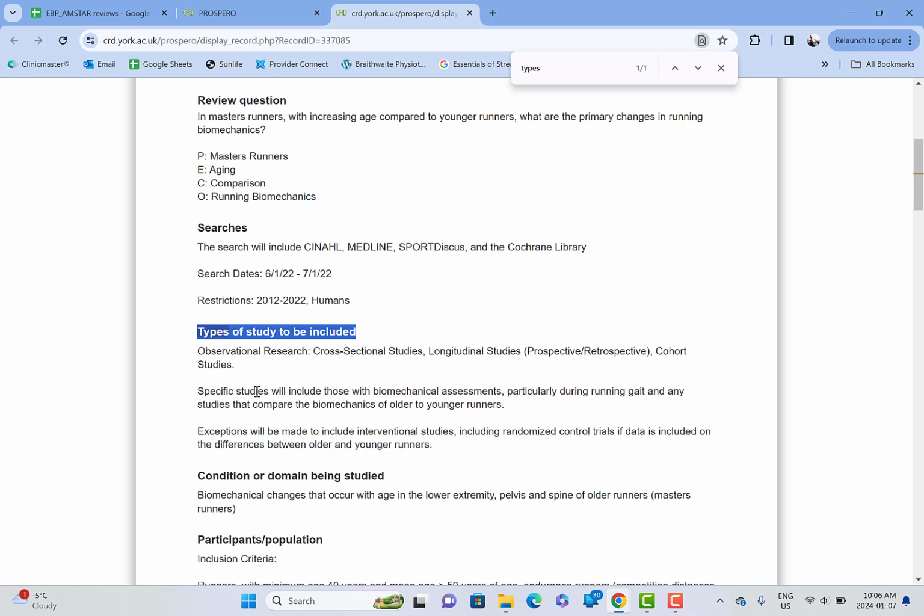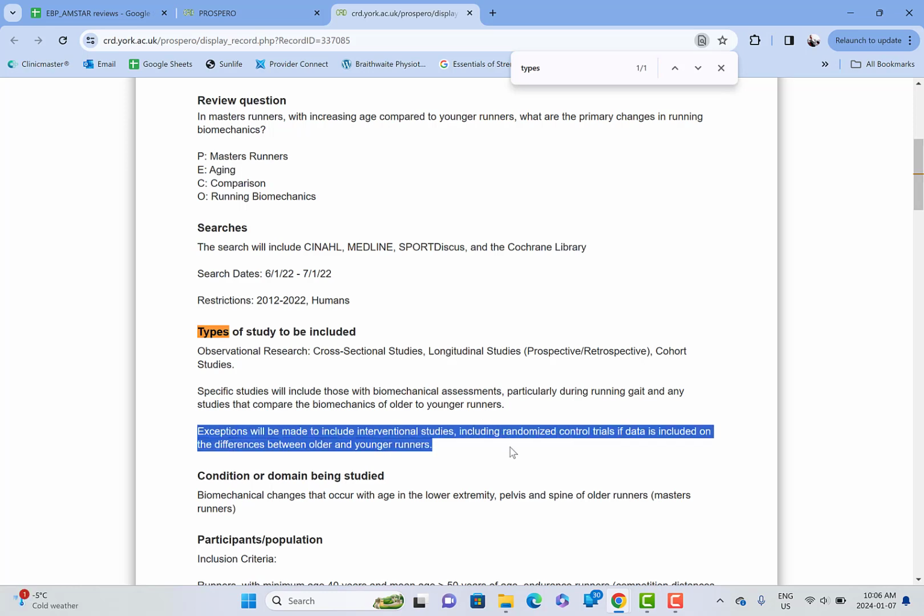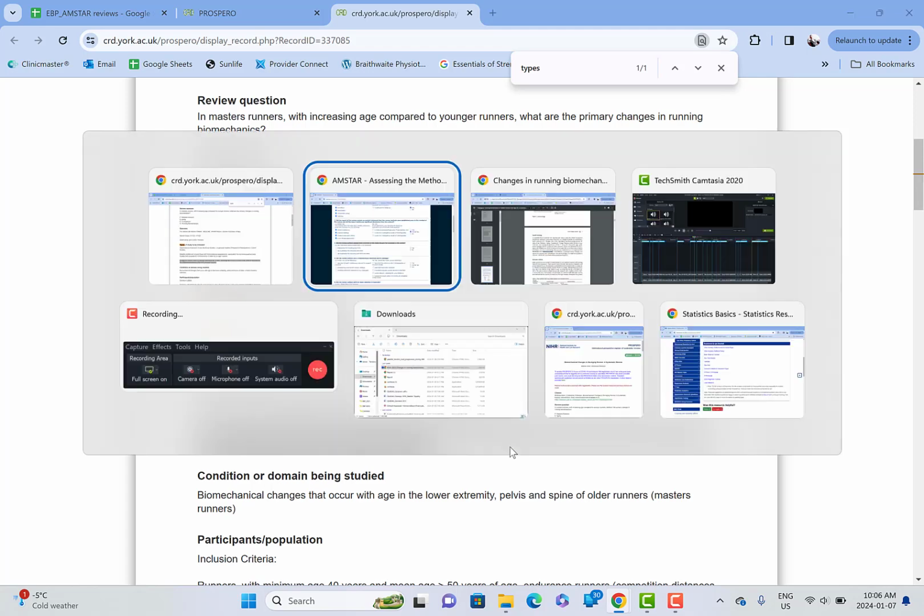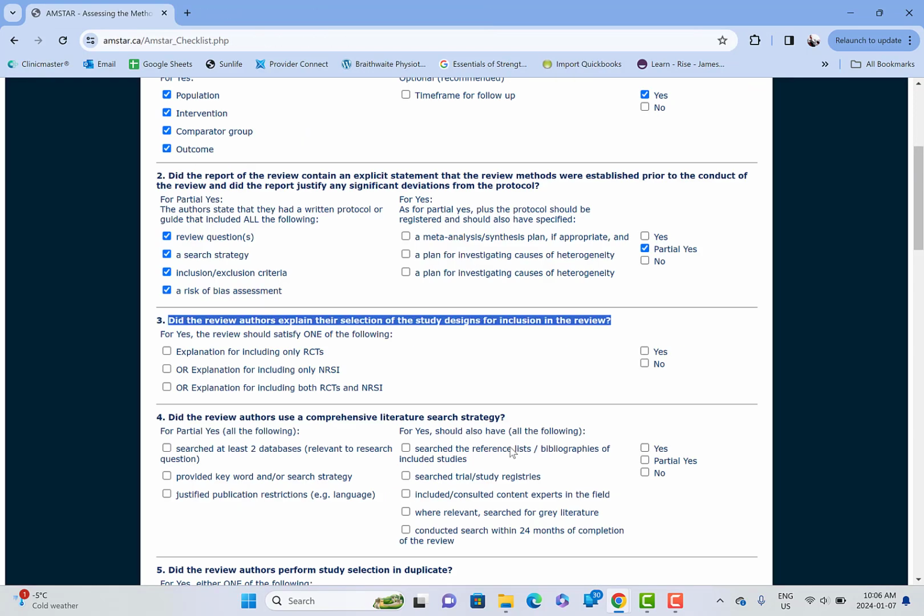And they also included a statement that exceptions will be made to include interventional studies, meaning randomized control trials, if data included on the differences between older and younger runners. But they didn't include any randomized control trials in this systematic review, so apparently no such studies were found. So in any case, I can answer yes, because there's an explanation for including both randomized control trials and non-randomized investigations as well. So we answer yes to this question.